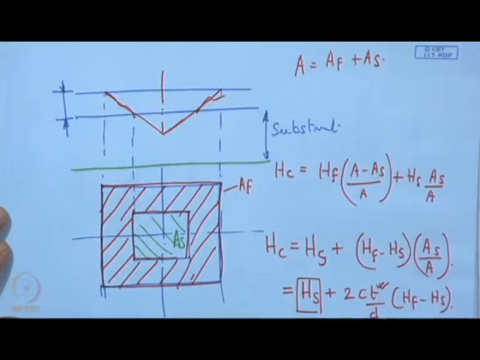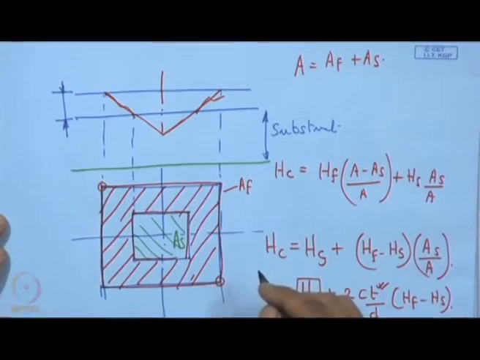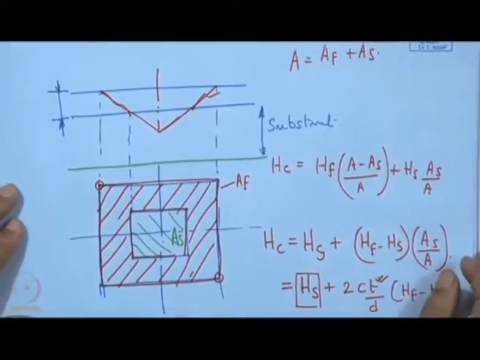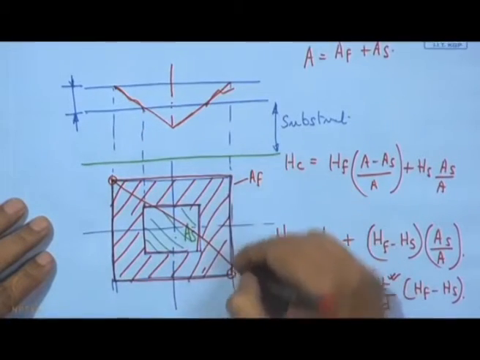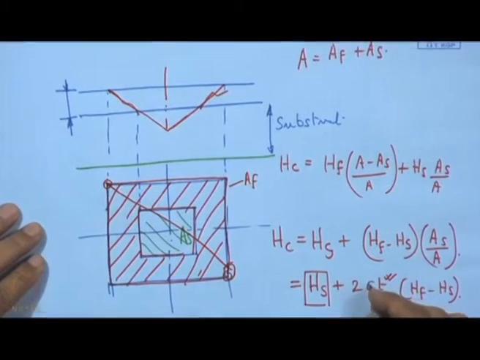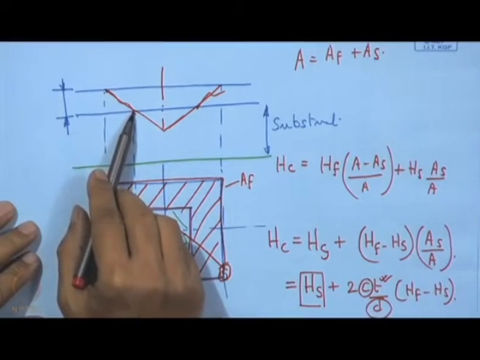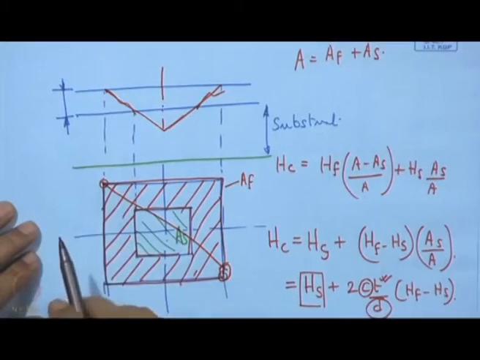So, here this diagonal means actually from this point to this point, if we consider, we can show that this is going to be the length of the diagonal, and we have put this D here, and C is a constant, and this constant depends upon the portion which is bearing the load, and this is well within the coating.